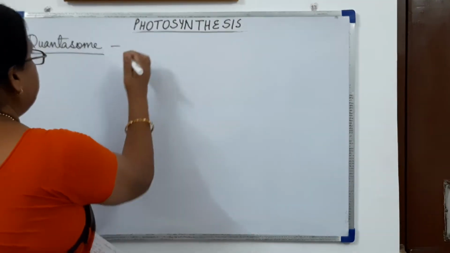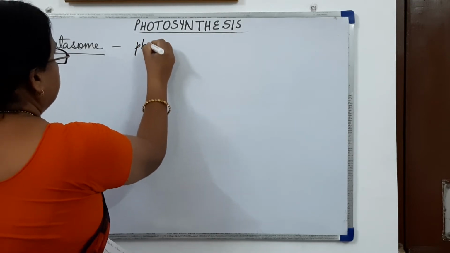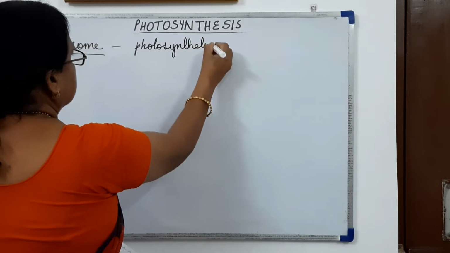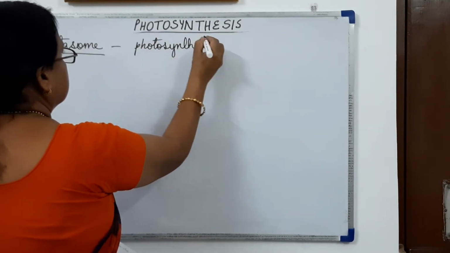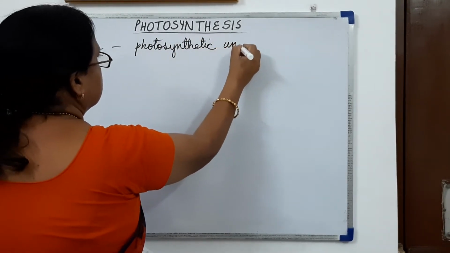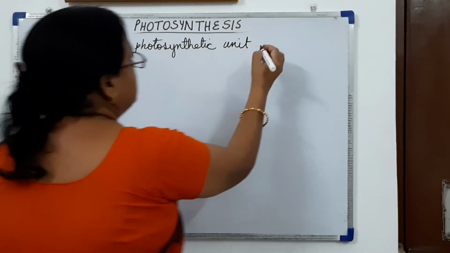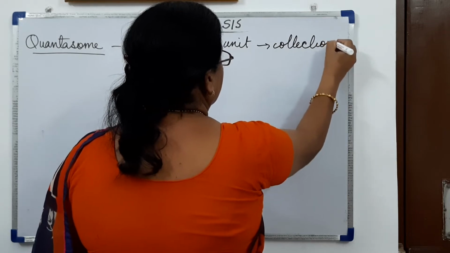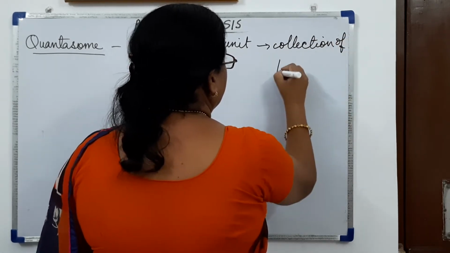So quantasome is actually a photosynthetic unit, and it is a collection of pigments.